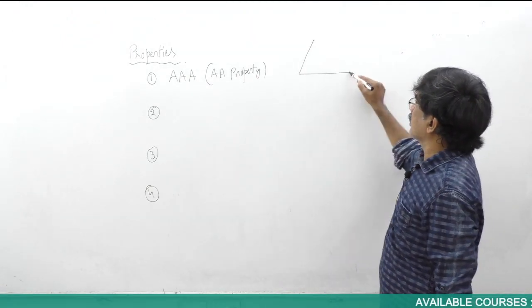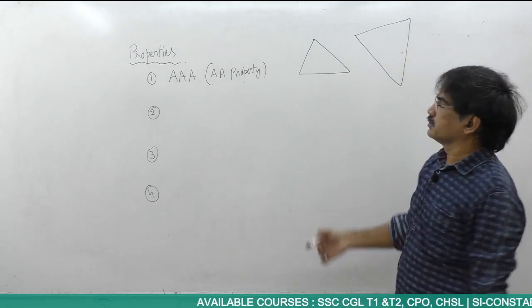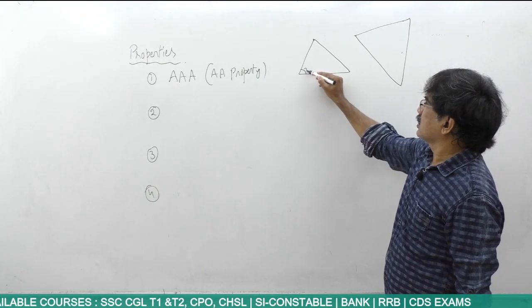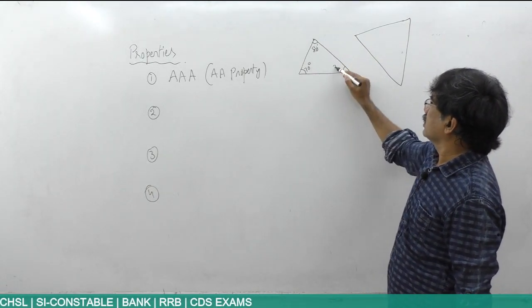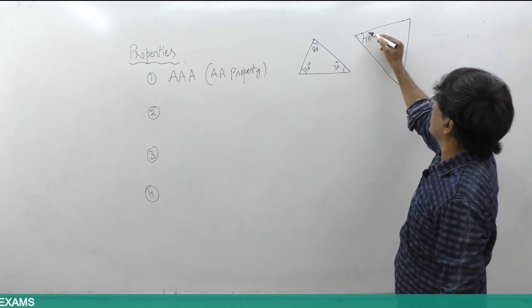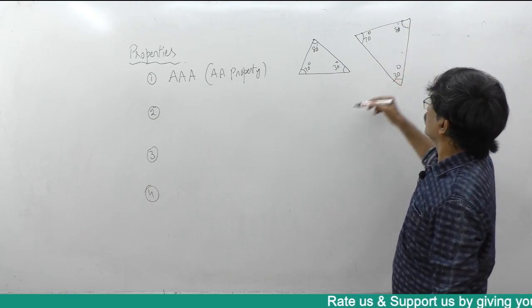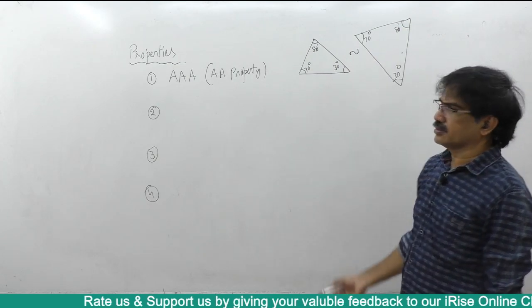Here, this is a triangle, this is one more triangle. If this is 70 degrees, this is 80 degrees, this is 30 degrees, and similarly this is 70 degrees, 80 degrees and 30 degrees, we can say that these two triangles are similar triangles.